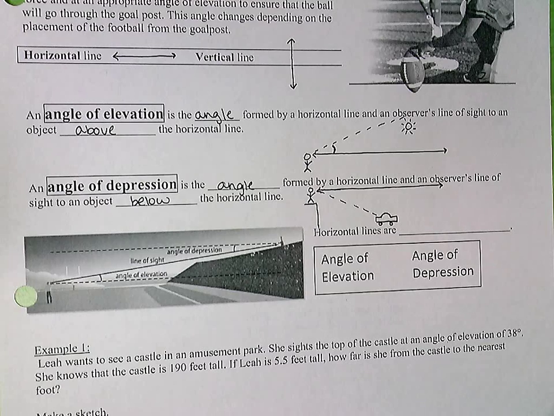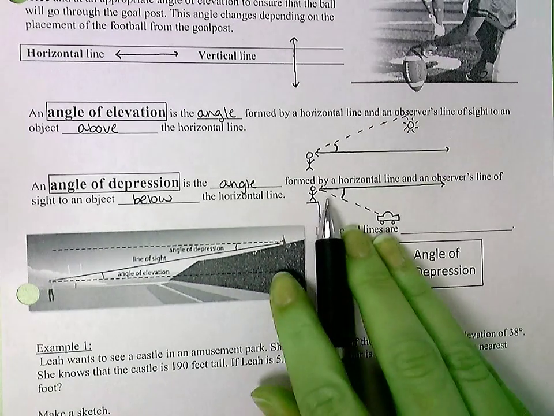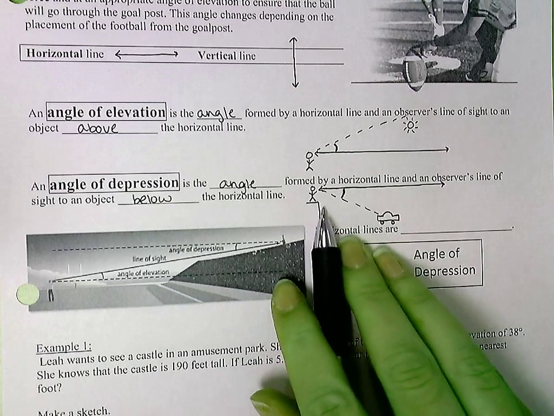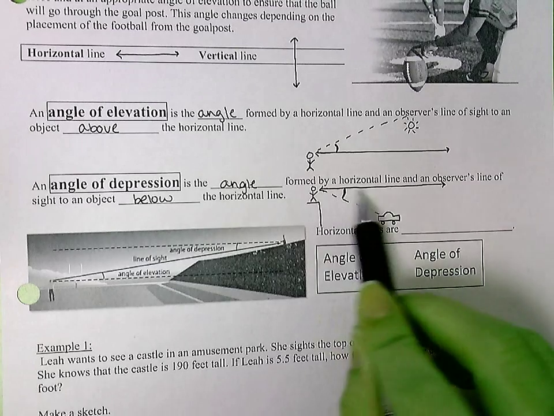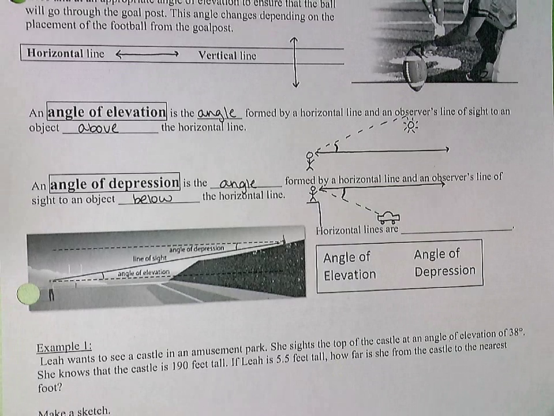Now the angle that you're looking for, the angle of depression, is the angle between that horizontal line and their line of sight. So that would be this angle here. It's not this angle. It's not the angle from the vertical to their line of sight. It's the horizontal line and their sight to that object below.